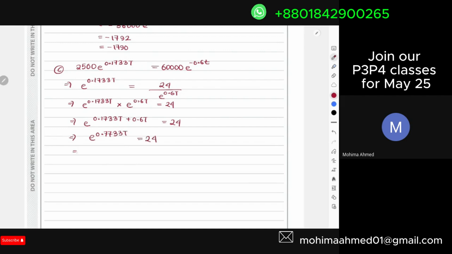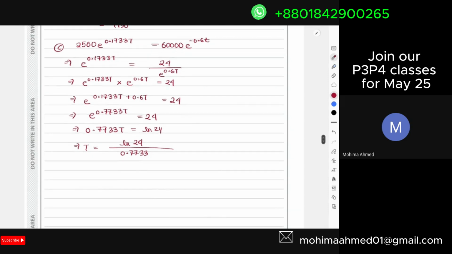Take this exponential to the right hand side, we get 0.7733T equals ln 24. And finally, the value for your T is going to be ln 24 over 0.7733. So you can write ln 24 over 0.7733, that's 4.109.